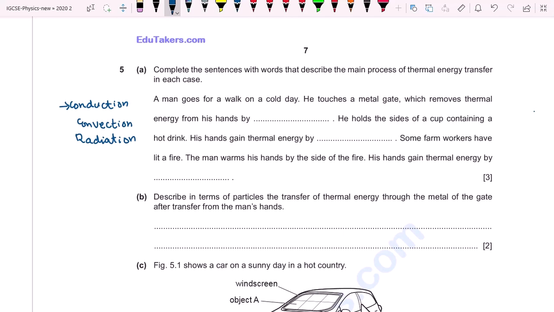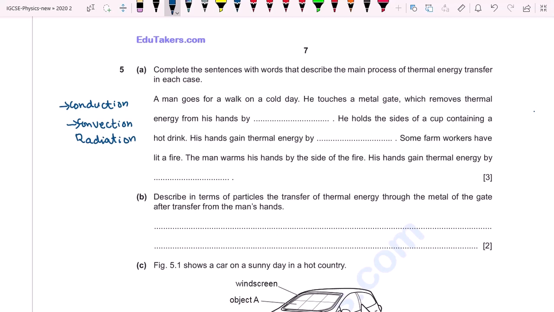So the gas molecules transfer energy due to conduction. The convection transfers energy due to the actual movement of the molecules. In radiation, energy transfers in the form of electromagnetic radiation. So conduction occurs in the gases while convection is related with the liquid.